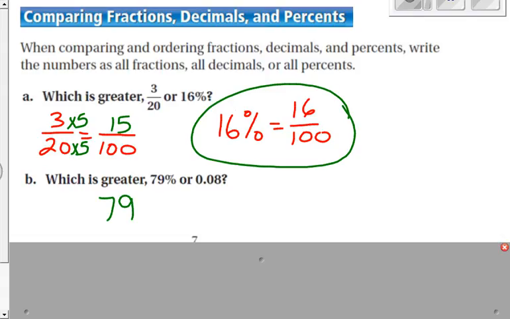So our decimal's hiding behind the 9. 1, 2. So that gives us 0.79. And we are going to compare that to 0.08. So we have 79 cents and 8 cents. What's bigger? 79 cents. So we know our answer is going to be 79%.